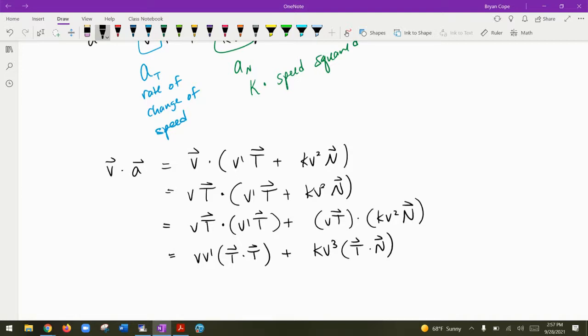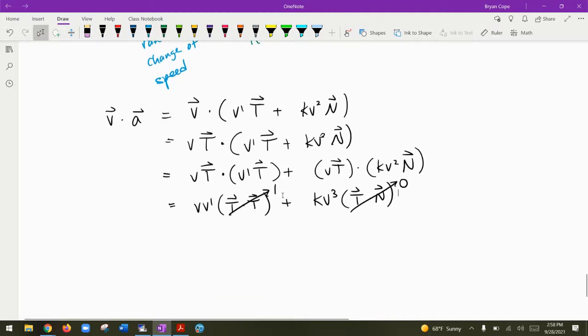Okay, T dot T is the magnitude of T squared, 1. This thing is 1. Okay, T dot N is what? 0. Those are orthogonal, right? So that whole term is 0. What this leaves us with is this statement: V dot A equals V prime.